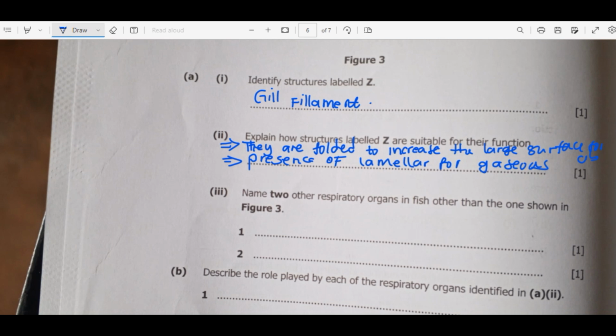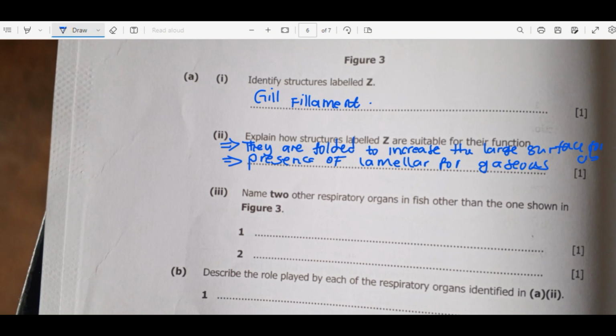Please, these are not organs. They are structures, parts of the organ. So the organ is the gill, which contains these structures such as gill bar, gill arch, gill filament.